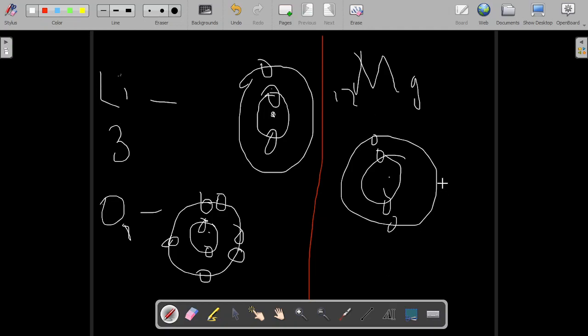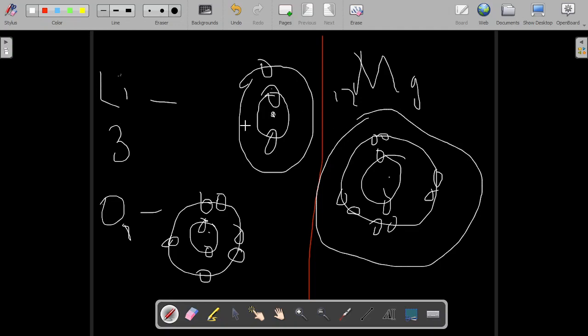So then 1 2 3 4. Now complete, let's fill them. 5 6 7 8. So that's 8 there. We need to now draw a circle around it. Then since we have 2 and 8 here, that's 10. Then it remains 2 electrons. That's 2. So that's how we can construct them.